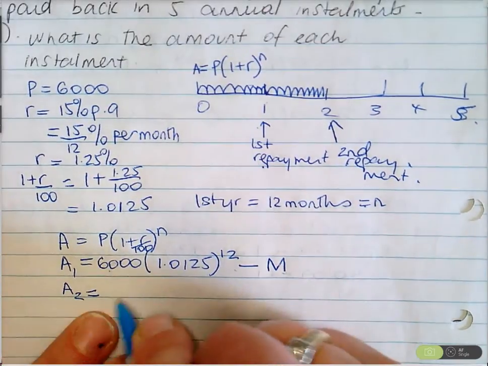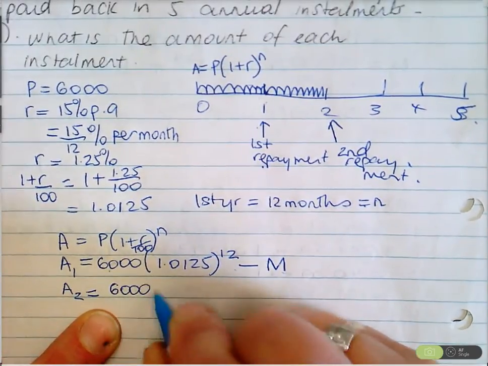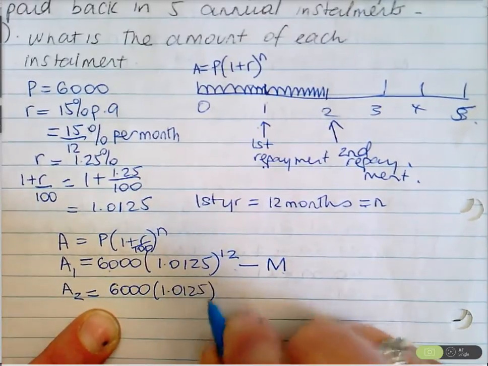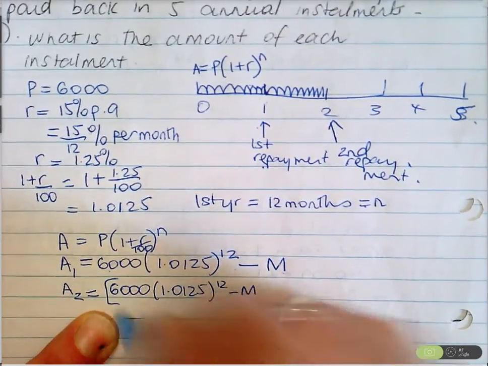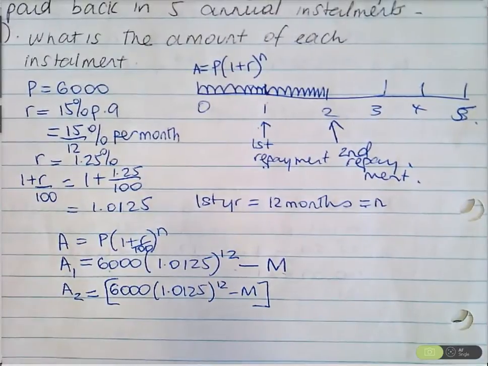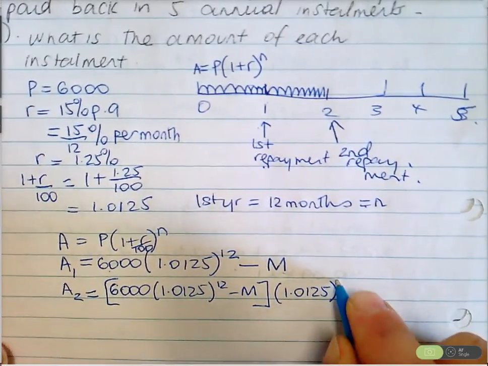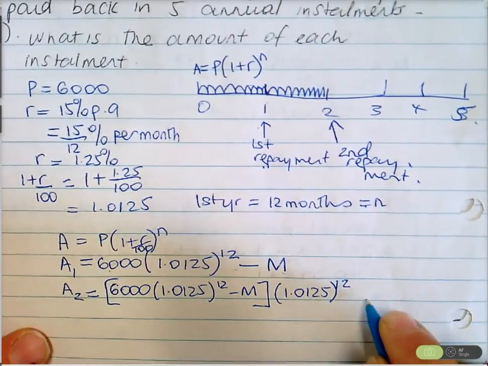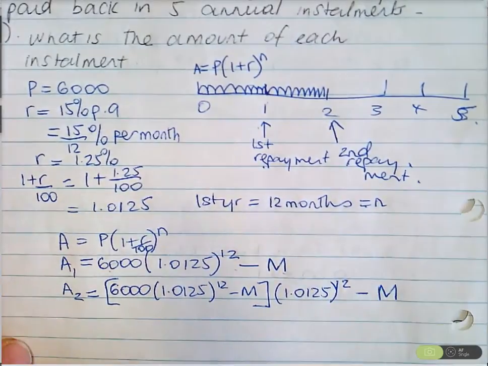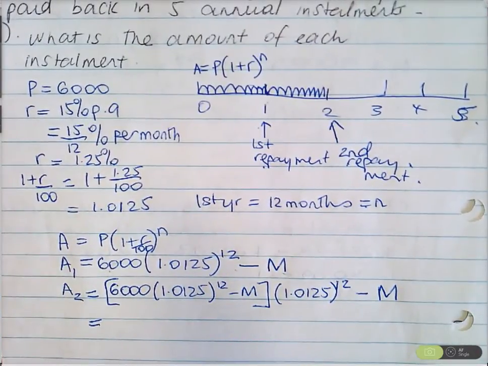A2 is amount owing at the end of the second period. Take my principal and multiply that, that's my new principal, times 1.0125 to the power of 12 again, minus M. So is it always to the power of 1? No, because I'm just doing it for the next 12.